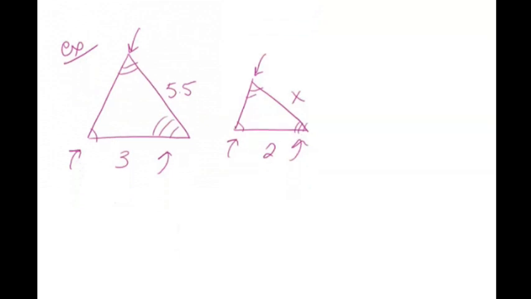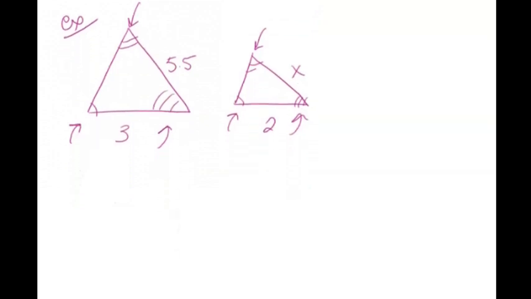If we wanted to solve for x, we're going to set up a proportion such that each side is put with its corresponding side. So when I see this side here, it's between the angle with 1 dash and the angle with 3 dashes. That has to go with the same side of the second triangle, also between the 1 dash and the 3 dashes.